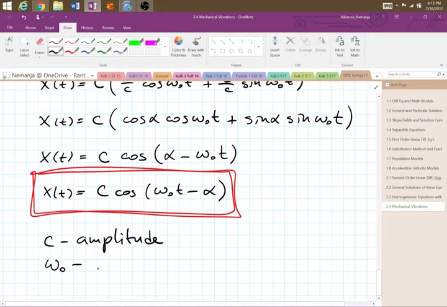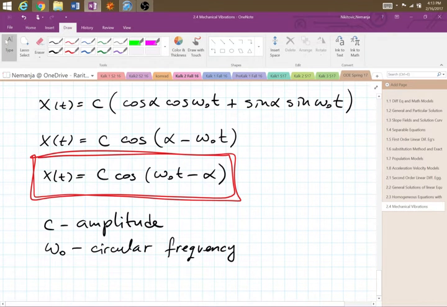They call it circular frequency. It's the angular frequency, angular velocity. So, circular frequency. And then we have the phase shift. They call it a phase angle.